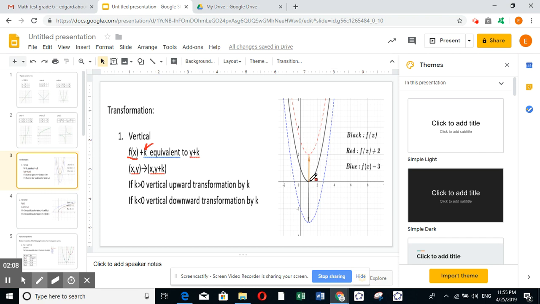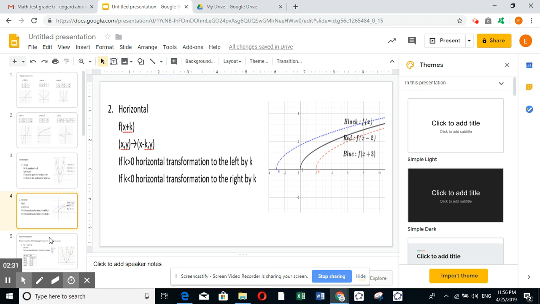The red one, I'm increasing vertically upward by 2, so it will be f of x plus 2. The blue one, I'm going down by 3, so this is f of x minus 3. As you can see, I'm not changing x. X is the same for all, but I'm changing the y.